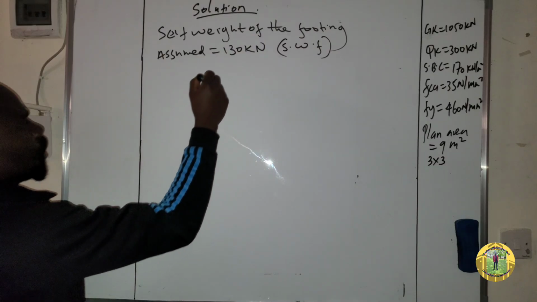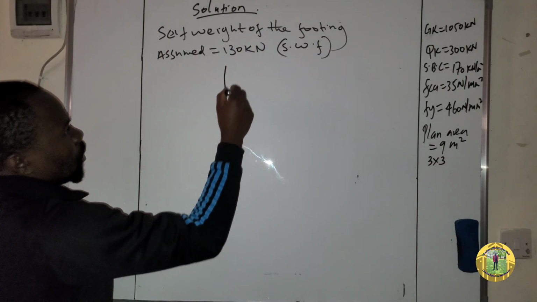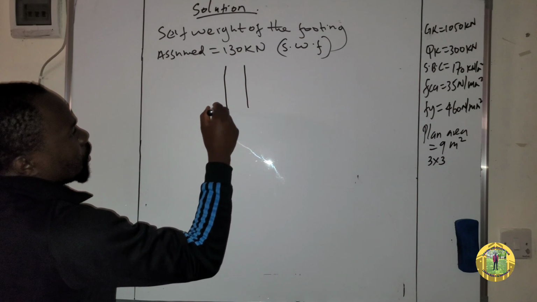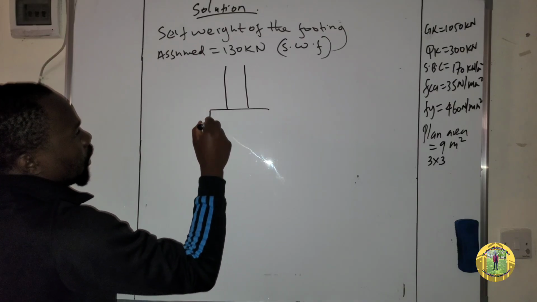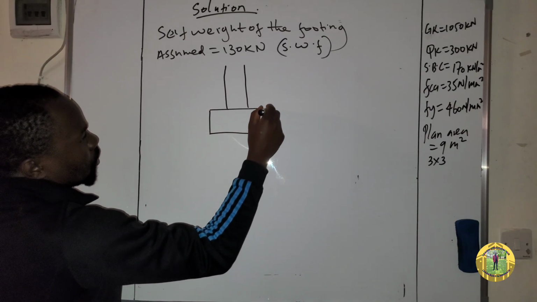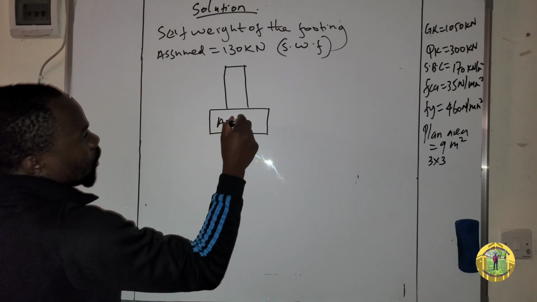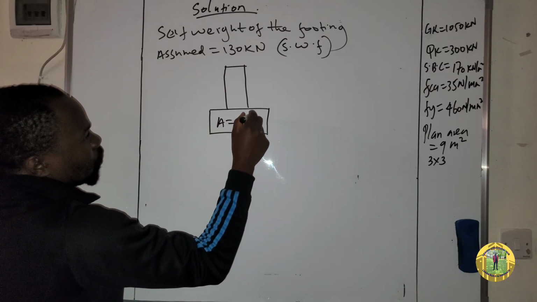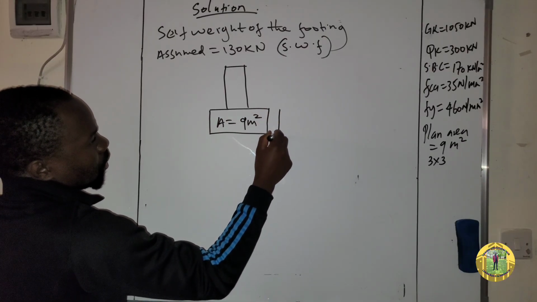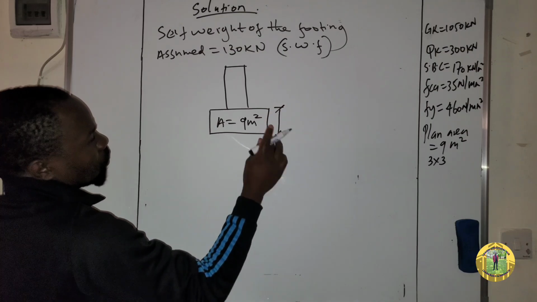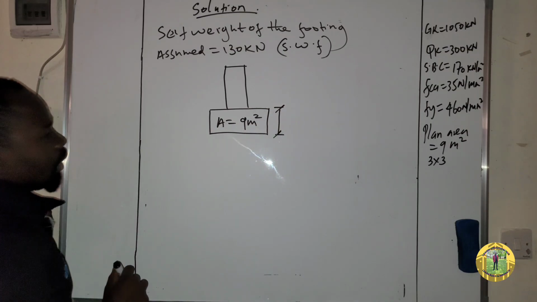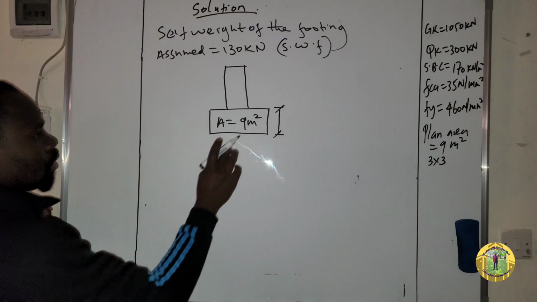So in short, if this is the plan, the elevation, not plan, and the area is equal to 9 meters square. So what you don't have is the thickness of this base.